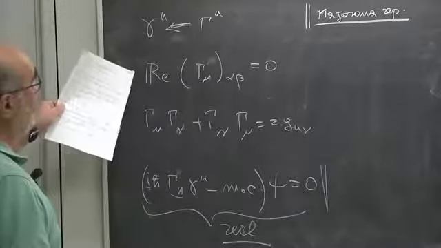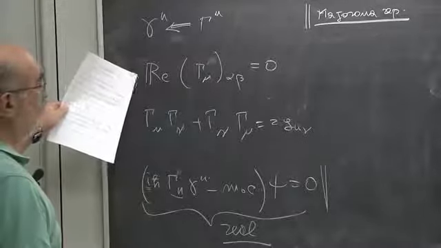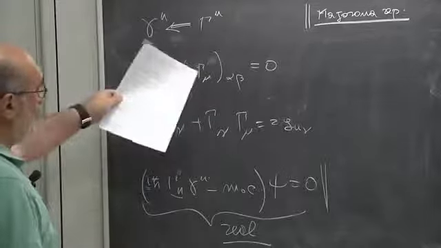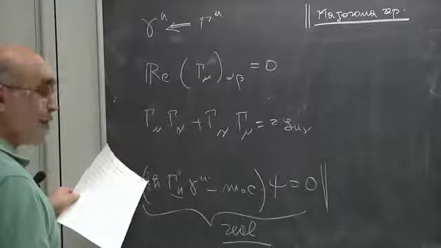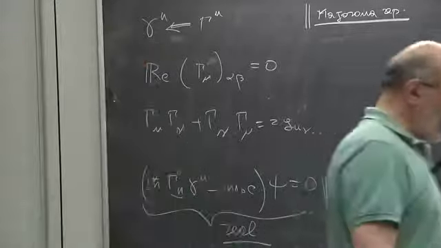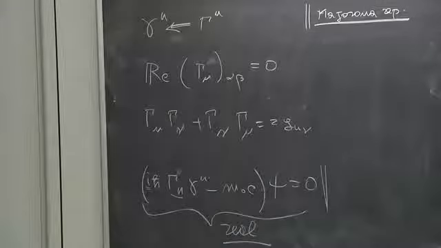So he was able to build gamma matrices that had only imaginary part. The real part was 0, and as a consequence of this I, the Dirac equation was real. So these are called Majorana representation.